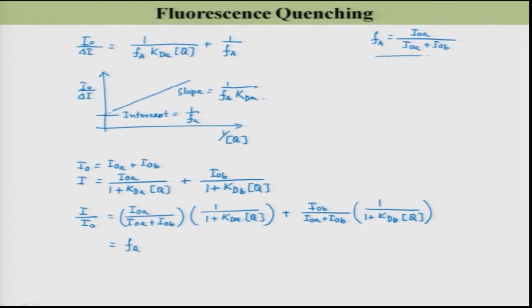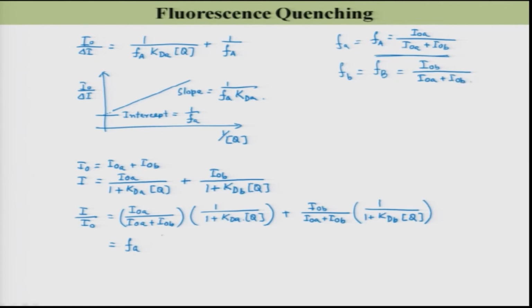Here you see f a, and f b, this should be small a, anyway it does not matter. I 0 B divided by I 0 A plus I 0 B is defined this way.